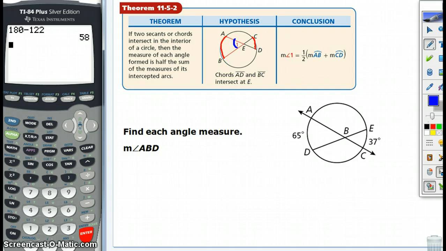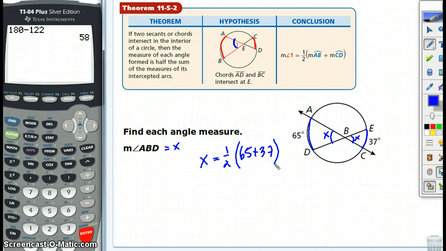So let's figure out what this means over here. If I'm looking for this angle, we'll call it X, and we could also call this angle X because they're vertically opposite angles. So to find X, the measure of ABD, which is X, X equals half of the sum of this arc here and that arc there, which is 65 plus 37.